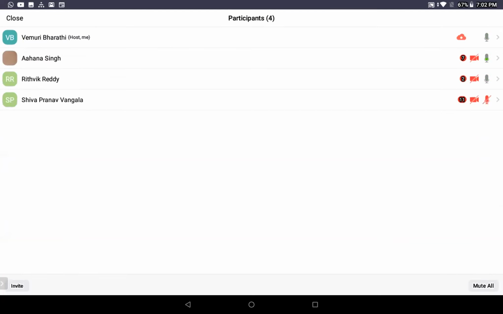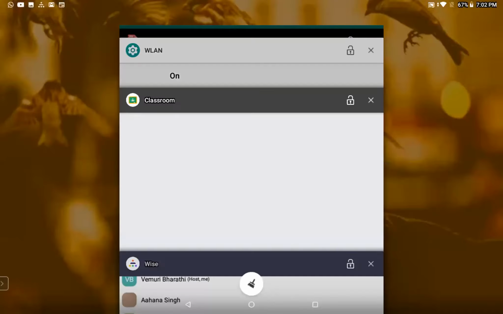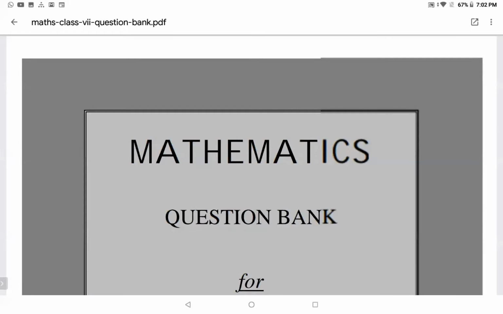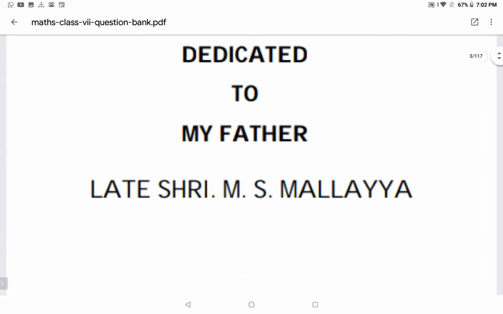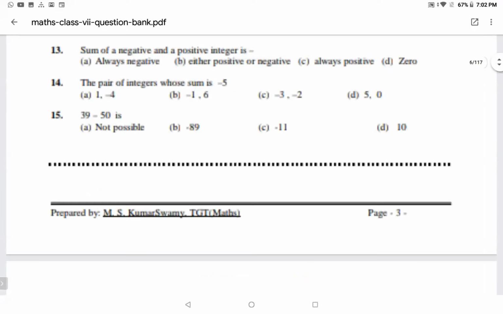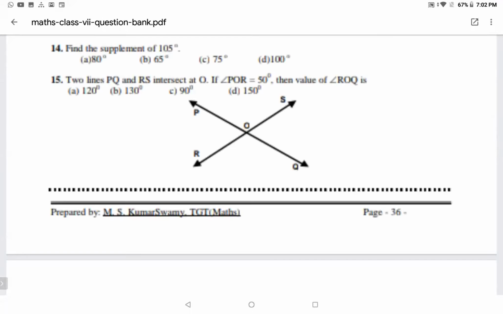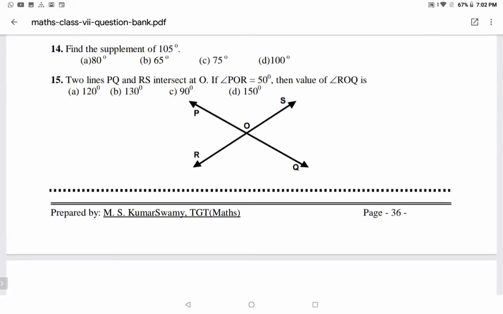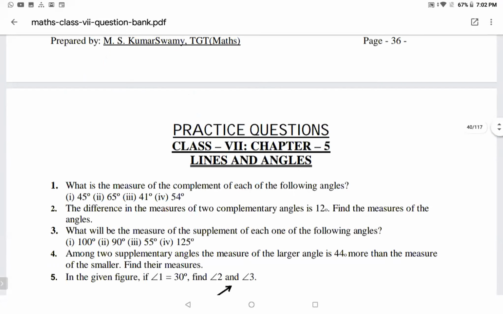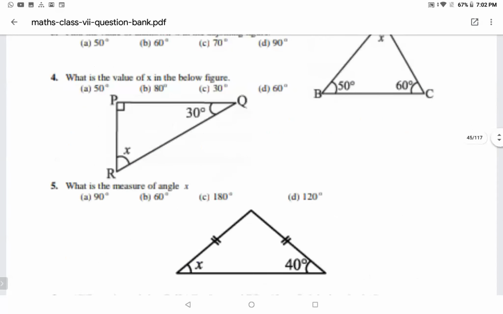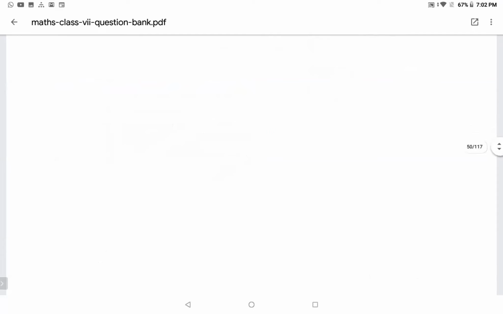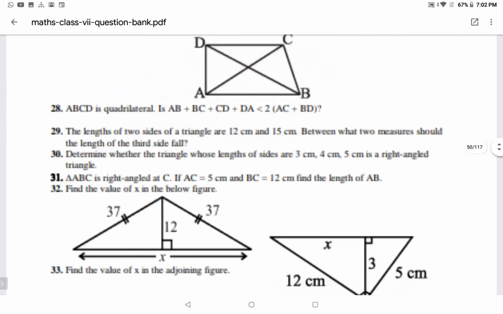Ma'am, can you show that once? I'll take a screenshot. Wait. 1 minute. This is the chapter. 1 minute after this chapter. Even I should post some worksheets in my class today also.